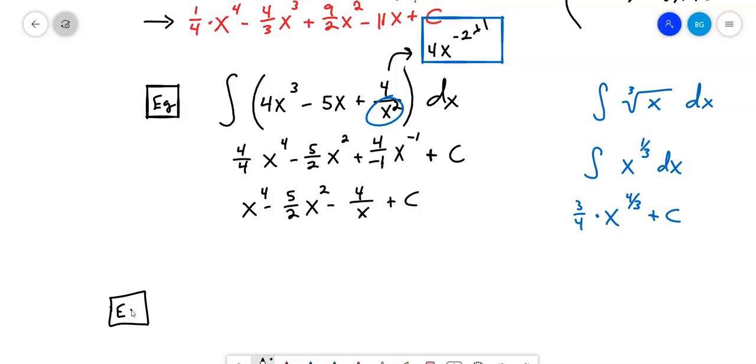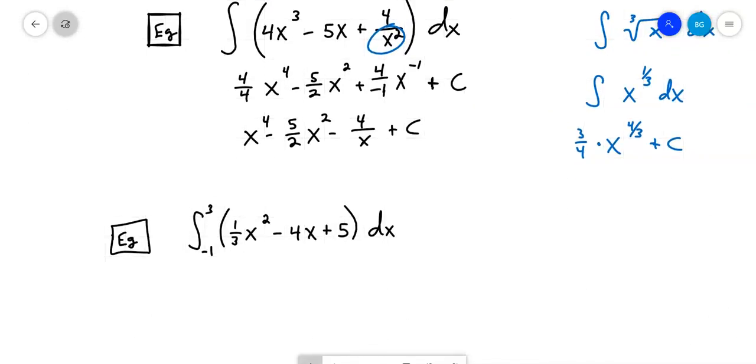So what if I wanted to find the area under the curve from negative 1 to 3 of, let's say, 1/3 x squared minus 4x plus 5 dx? How do I do that? Well, I'm using the fundamental theorem of calculus here. So first I find my antiderivative, and so let's go ahead and do that.